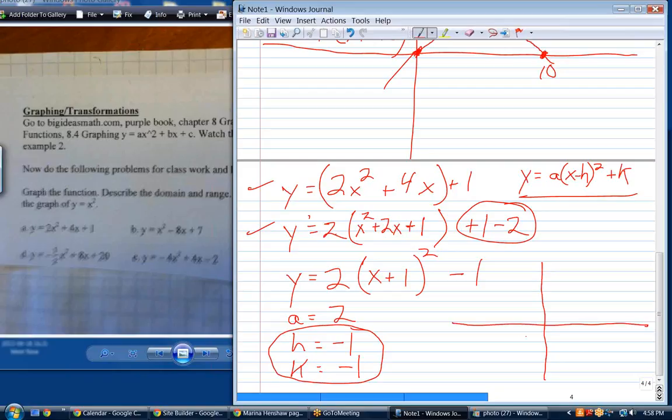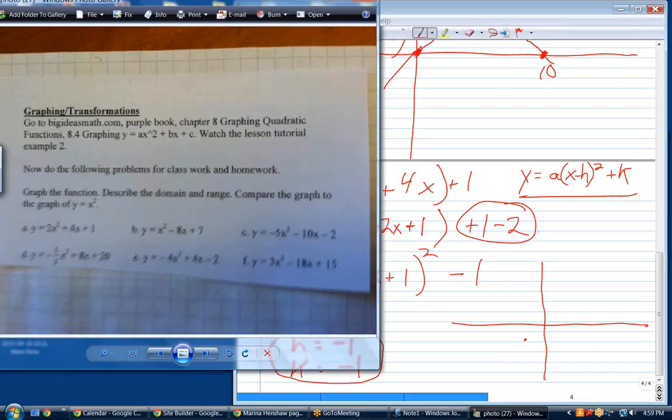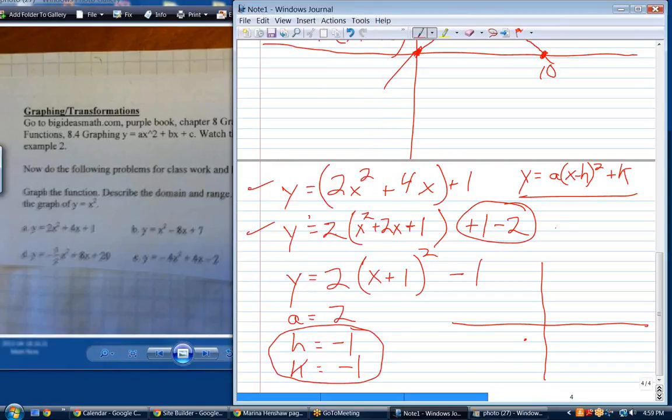At -1, -1, and this opens up because there's no negative sign. A is not negative. If A were negative, it would open down. So I need 3 points, I guess. No, I don't. Yeah, I guess I do. You always need 3 points?